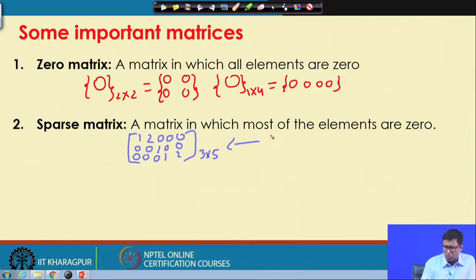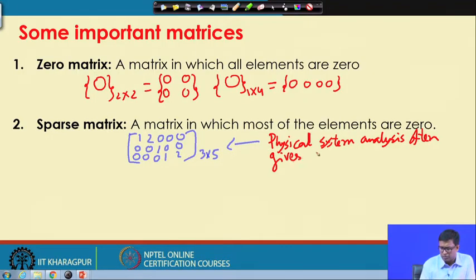Physical systems analysis often gives sparse matrices, and we will see sparse matrices as a class of matrix coming from problems in computational mechanics, especially as an example.